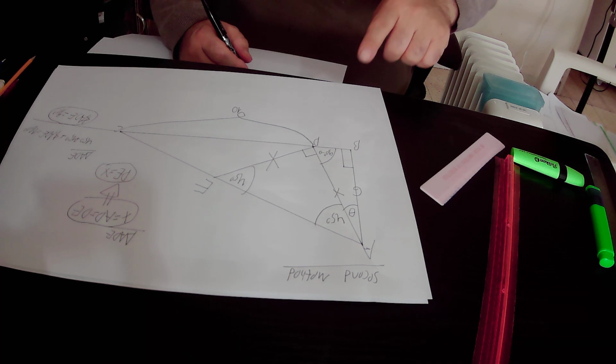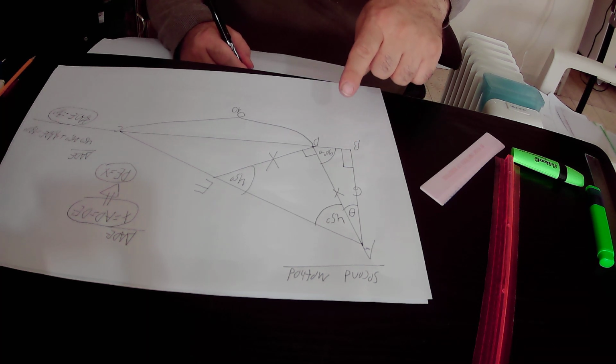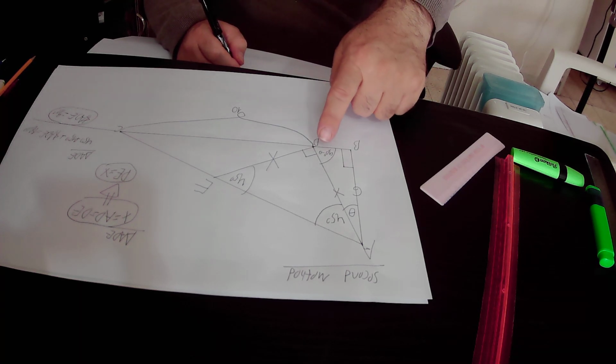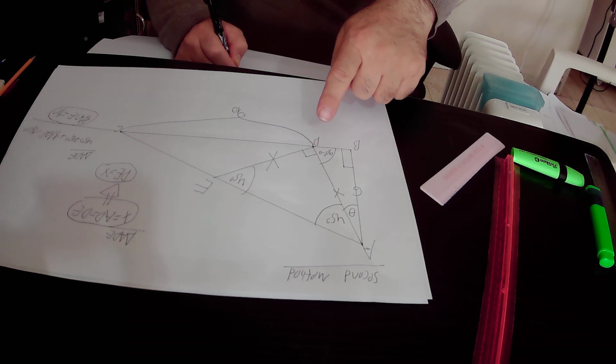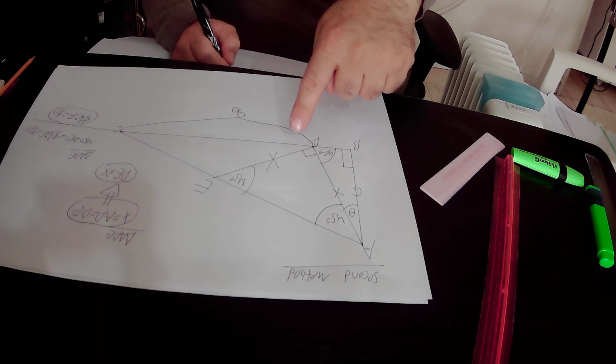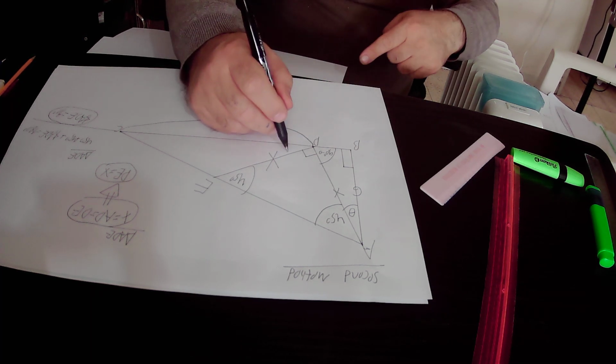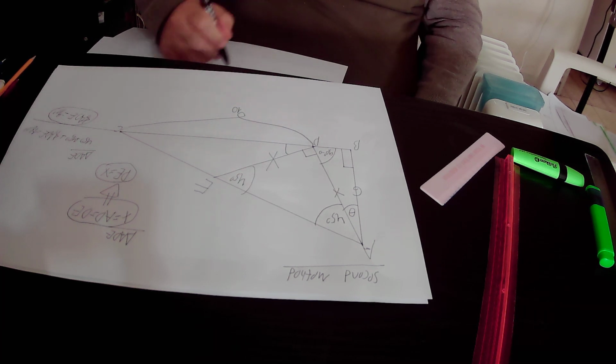We have one angle that is equal to 90 degrees minus theta. We have also this angle that is equal to 90 degrees, and we have the missing angle that is angle EDC.